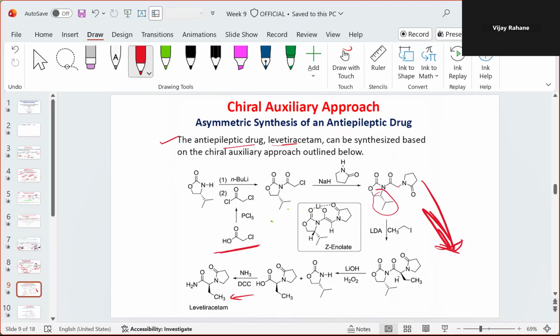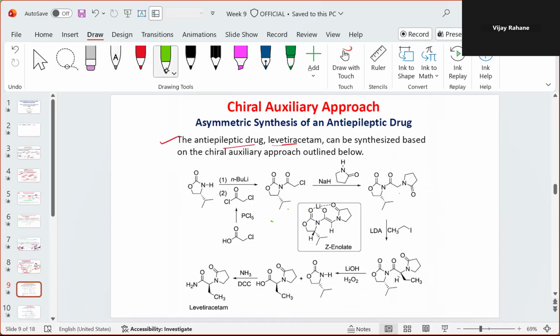When it forms the enolate, the attack of this electrophile takes place from the top side, mainly because on the bottom side there is a bulkier group present in the chiral auxiliary part.